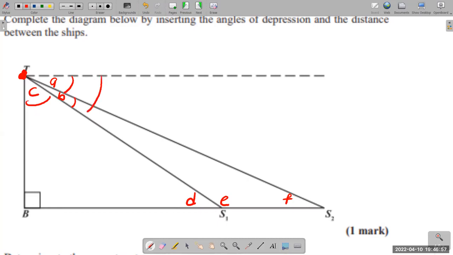From here to here, I'm going to put G. Everybody see all the places that are labeled, all the different angles? Because my goal right now isn't about doing calculations. It's about making sure you understand how to translate the information.